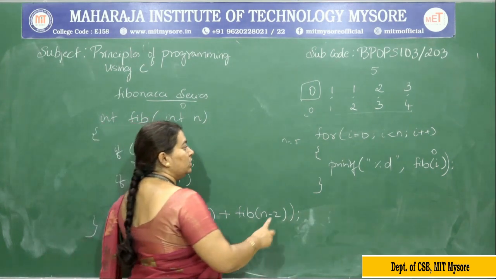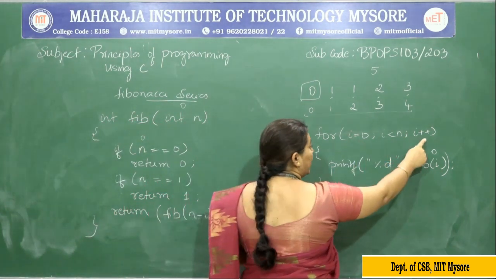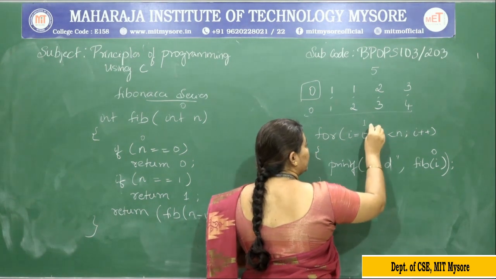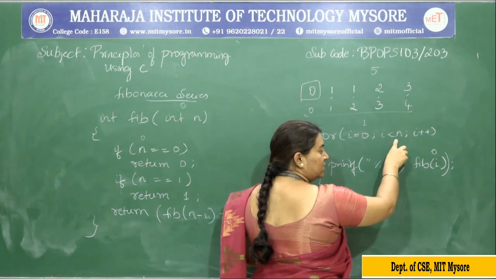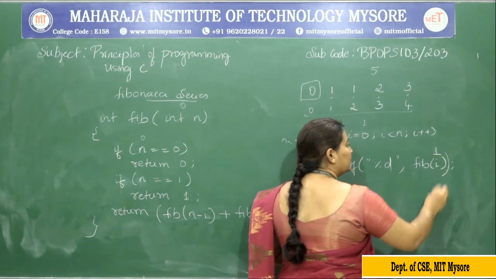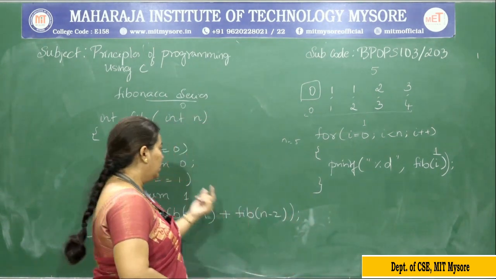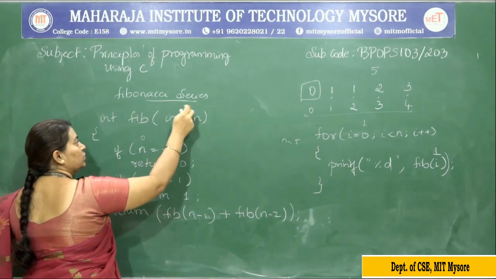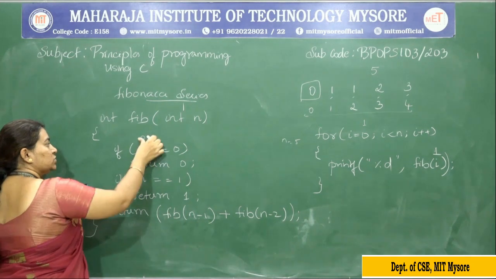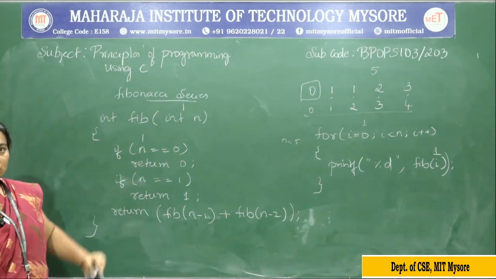Next, when my i is incremented, i is 1 now. Is 1 less than 5? Yes. So here fib of 1 is being called. It is going to call this particular function. Is n equal to 0?